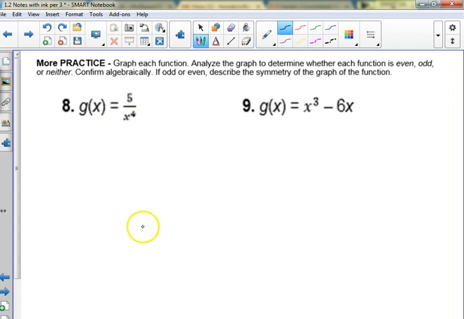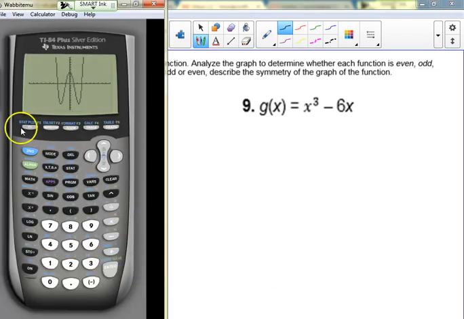I think this one is going to be, what was it again? 5 over x to the 4th? Actually, a zoom decimal might show this nicely.